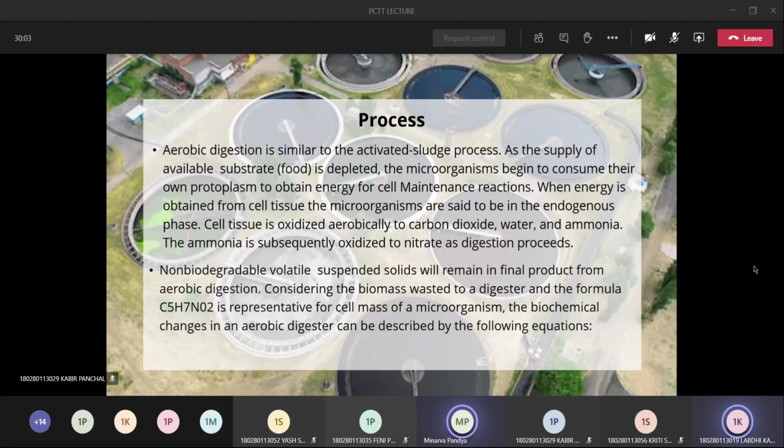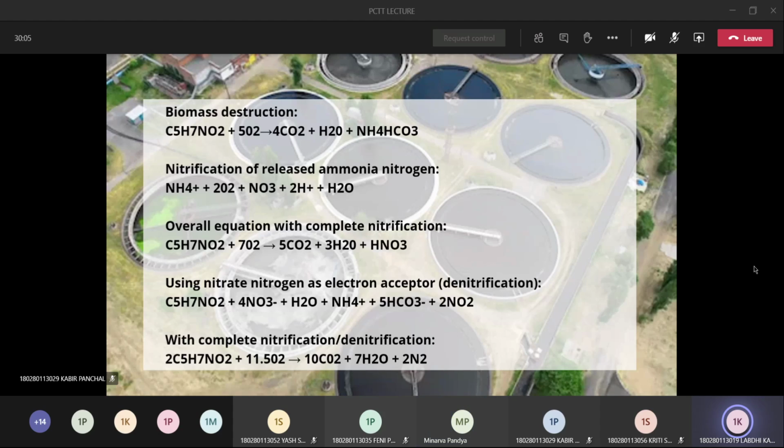Next. These are the 5 different reactions in which the aerobic sludge digestion process can be explained. The first one being biomass destruction. Due to addition of oxygen, carbon dioxide and water are formed. The next step is the nitrification.